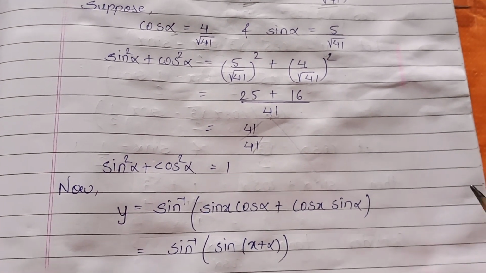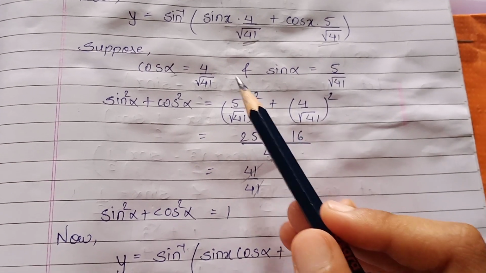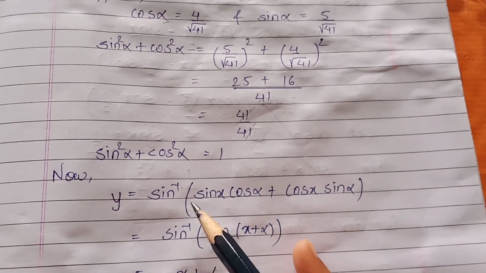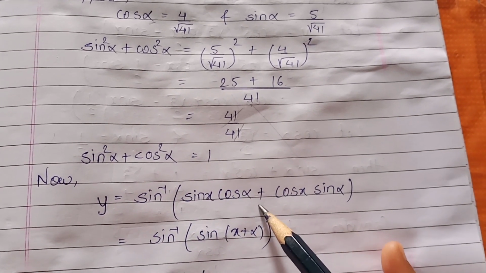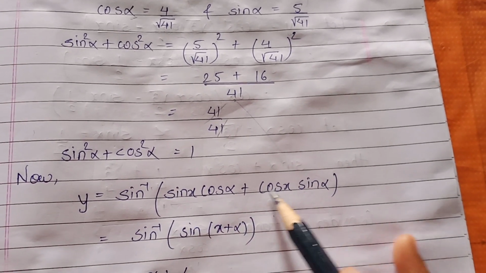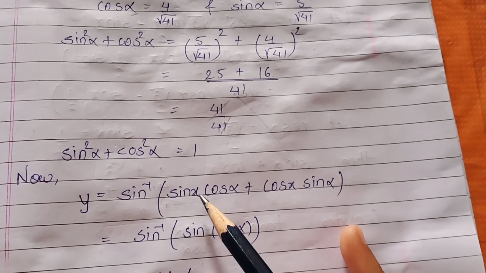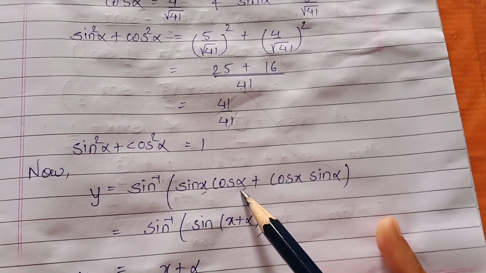Now instead of these numeric terms, we'll write our considered terms, sin alpha and cos alpha. So our y is equal to sin inverse of (sin x cos alpha plus cos x sin alpha). Now for this formula, the first term is x and the second angle term is alpha.